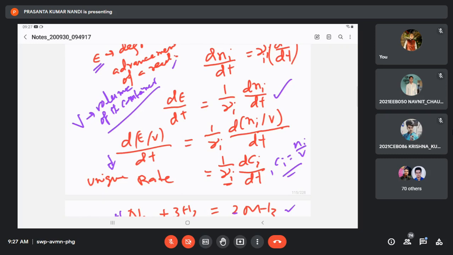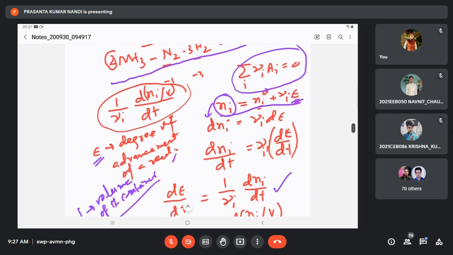Elementary means a single step reaction. And suppose there is more than one reactant or more than one product with different stoichiometric coefficients, then the rate, if you follow it with respect to a particular reactant or a product, would not be identical.